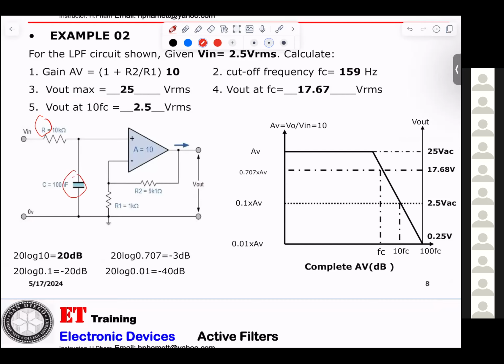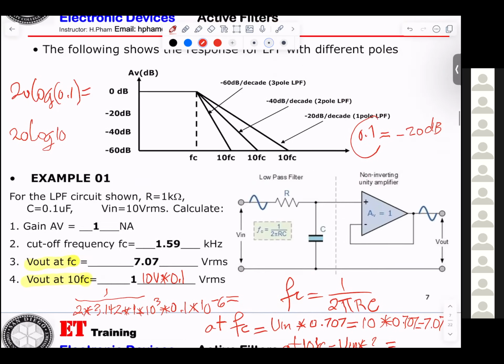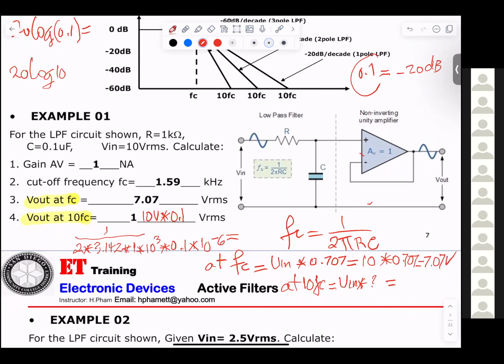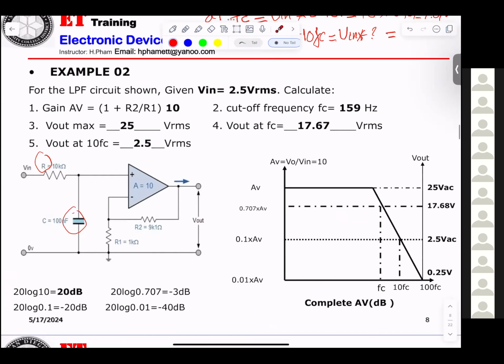Okay? However, what amplifier are they using? On the one we already did, they're using a unity amplifier. Okay? Unity gain is 1.